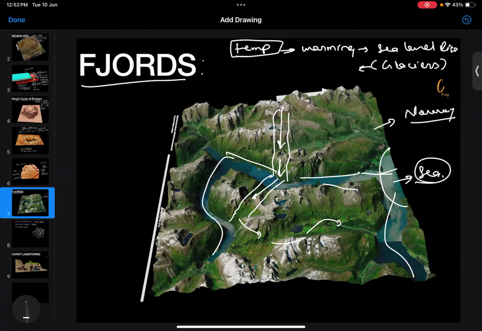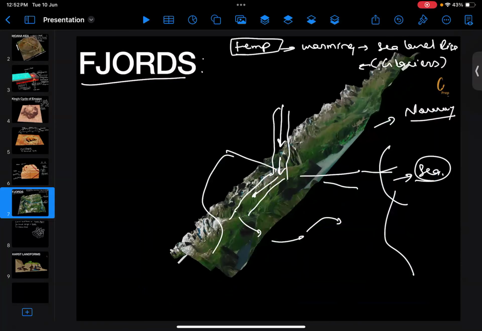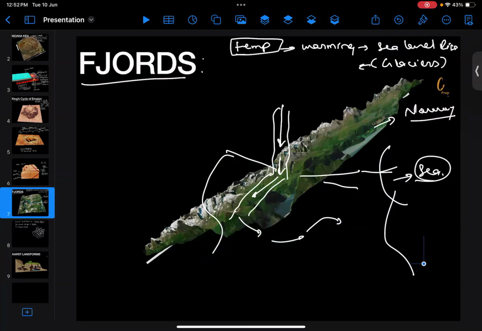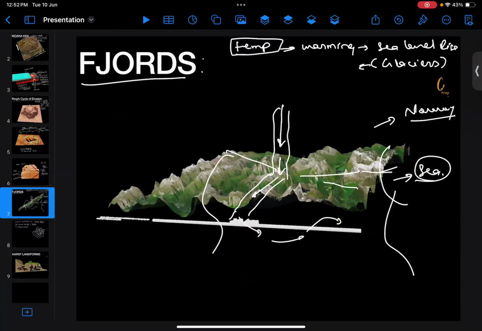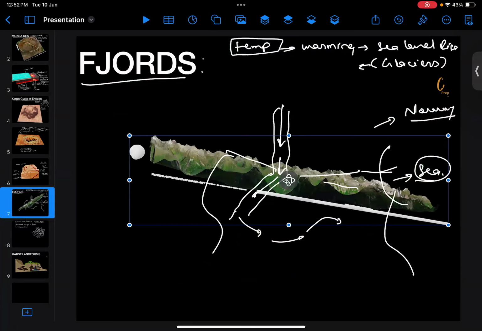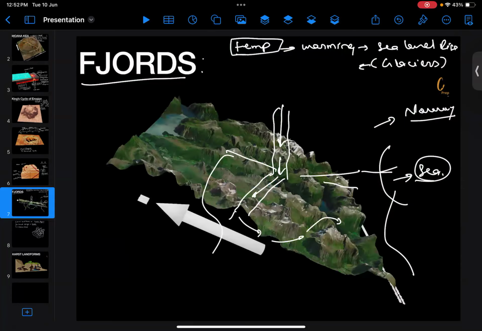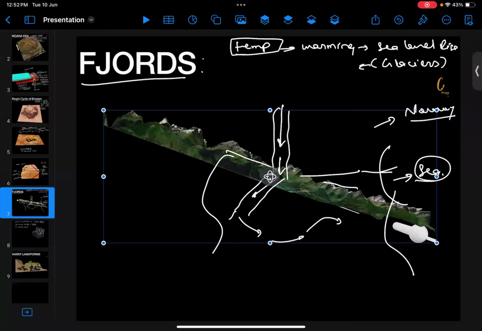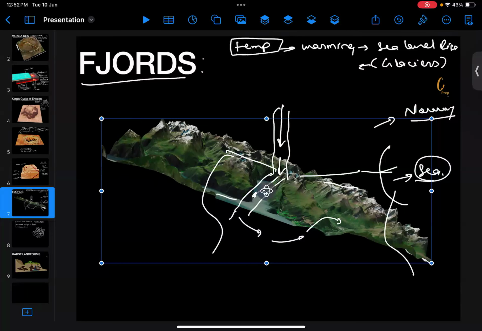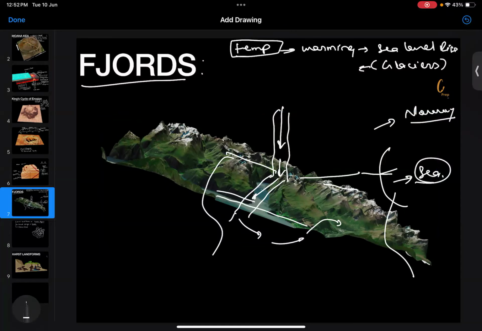So because of this, the elevations which we can see here in these fjords, these elevations are getting increased, and these fjords are getting destroyed.